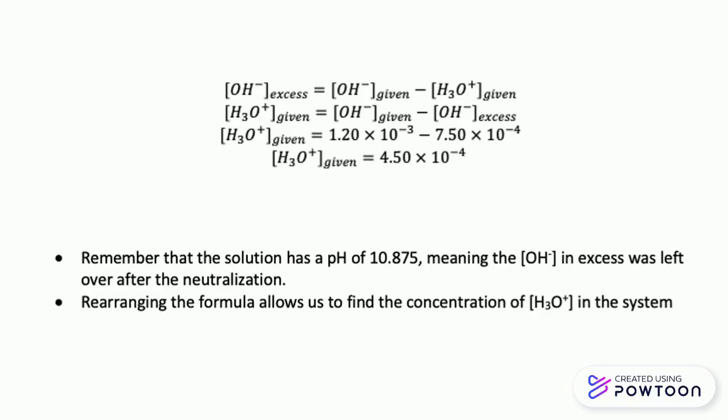This gives us the equation, concentration of hydronium given is 1.20 times 10 to the negative 3 molar minus 7.50 times 10 to the negative 4 molar, which gives us 0.00045 molar. This means that our concentration of hydronium is 0.00045 molar.